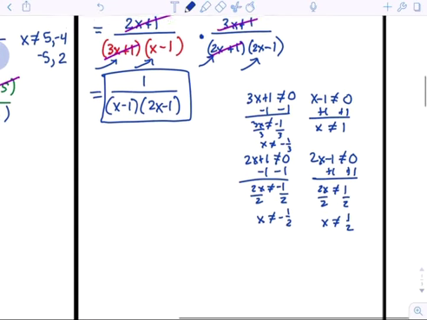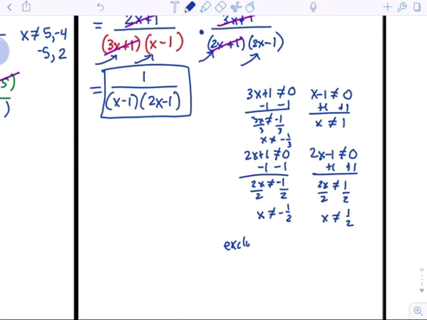So those are all your excluded values. You're just setting the denominators, each one, right? Each one in the denominator, each entity, it cannot be 0. So that's why you have to solve for that stuff. So it can't be negative 1/3, it can't be 1, it can't be negative 1/2, and it can't be 1/2.